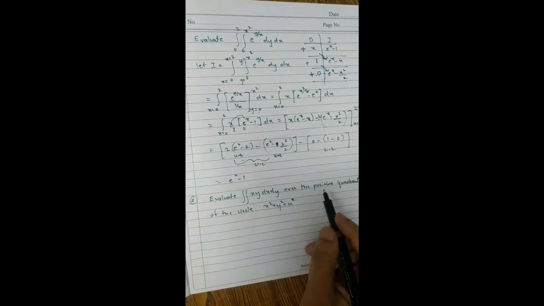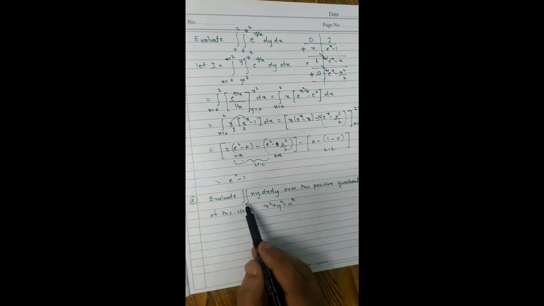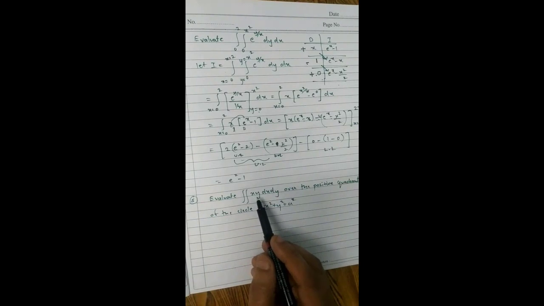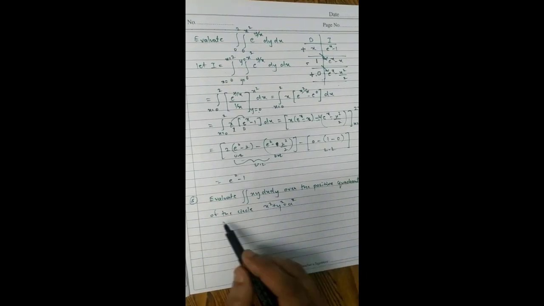So first, students are required to read the question properly and see here. It is given, that is the integral over the region, with respect to the given function xy, over the positive quadrant of the circle.